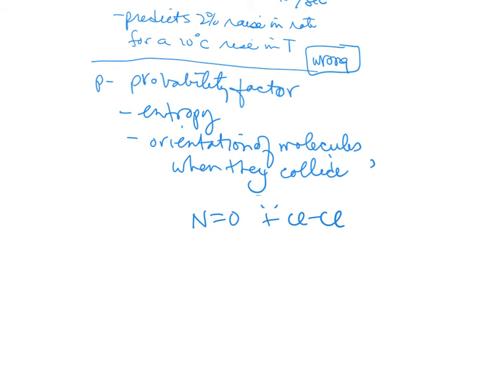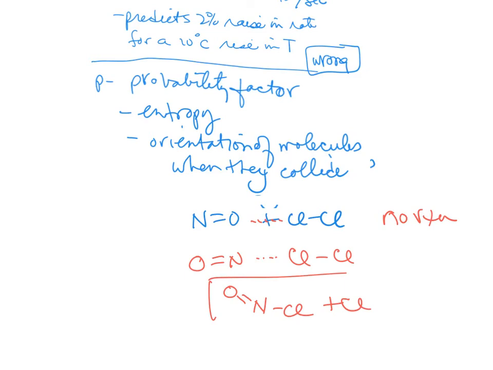In other words, if this one came up to the chlorine that way, we would say that there's no reaction here, that it actually has to be the nitrogen which orients itself with the chlorine, because the products of the reaction are ONCl plus Cl. So it can only be explained in terms of this orientation. If it happened to be flipped, there would be no reaction.